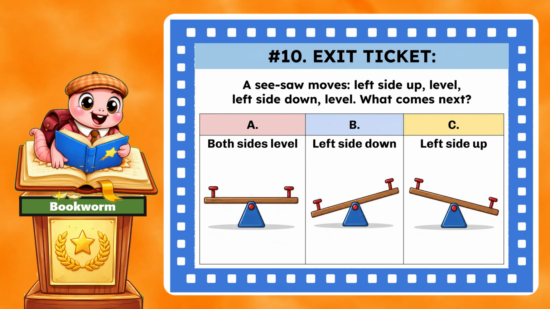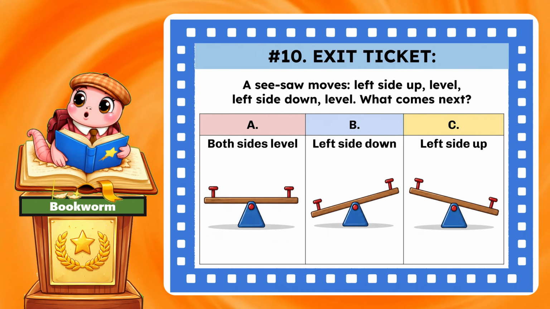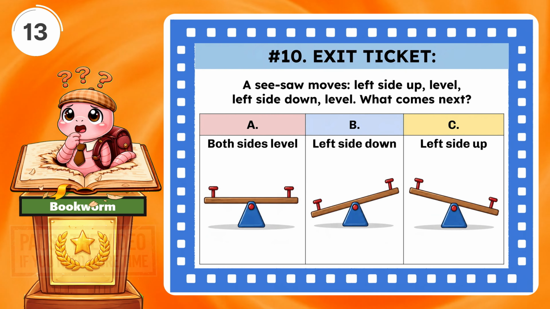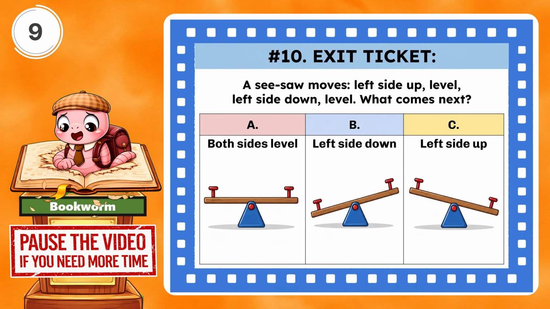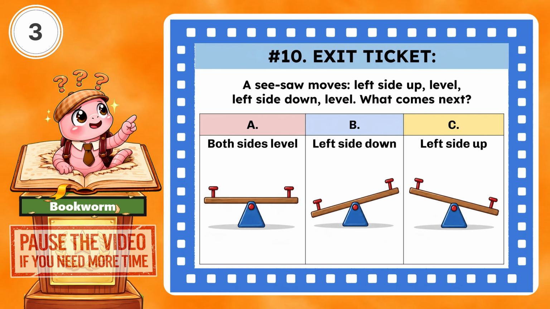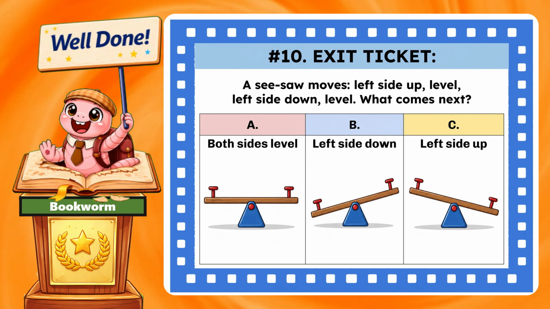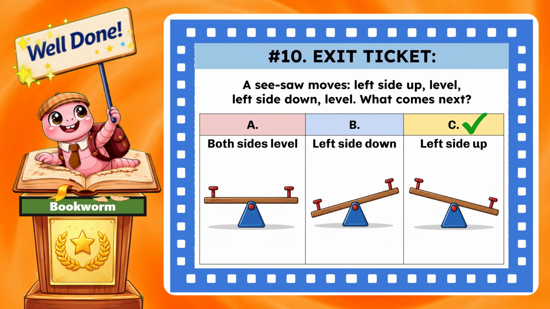A seesaw moves left side up, level, left side down, level. What comes next? And the correct answer is letter C, left side up.